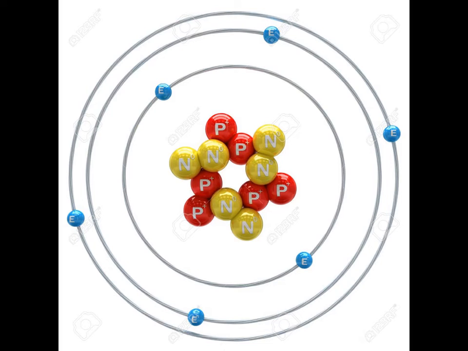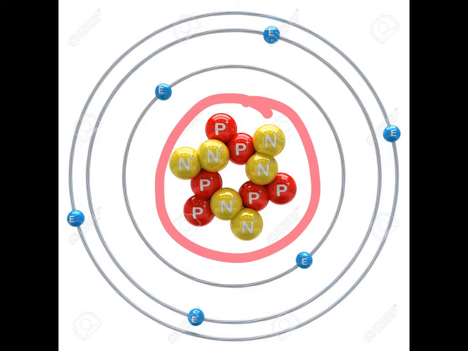If I remember from the last video, I know that my protons and my neutrons create the nucleus of my atom. And I already told you there were going to be 6 protons, 6 electrons, and 6 neutrons. So let's make sure that I'm correct. There's 1, 2, 3, 4, 5, 6 protons, 1, 2, 3, 4, 5, 6 neutrons, 1, 2, 3, 4, 5, 6 electrons.